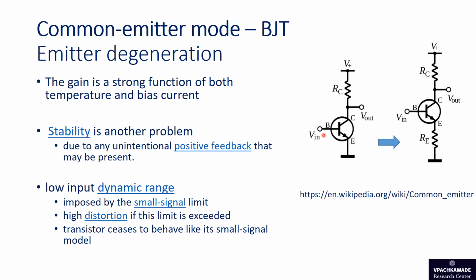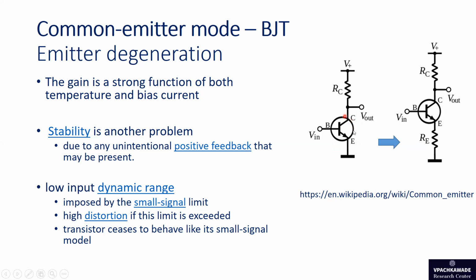The low input dynamic range is determined by the small signal model of this circuit. So it is imposed by the small signal limit of this circuit. And because of the low input dynamic range, the circuit output produces high distortion if the input dynamic range is exceeded. So if you have a large input signal that goes beyond the small signal model of this circuit, the output will be distorted.